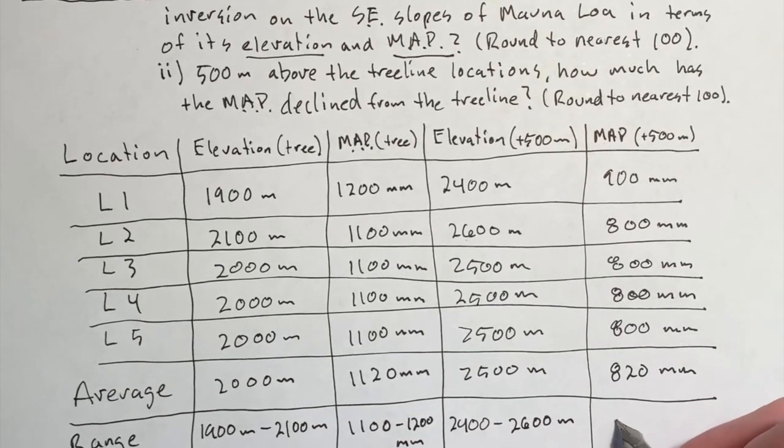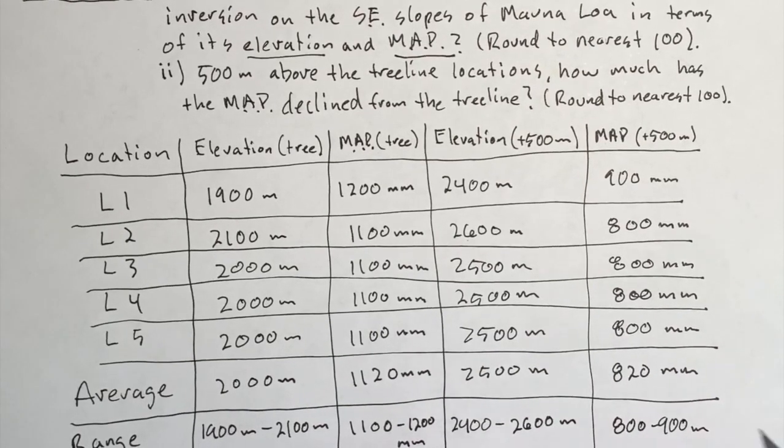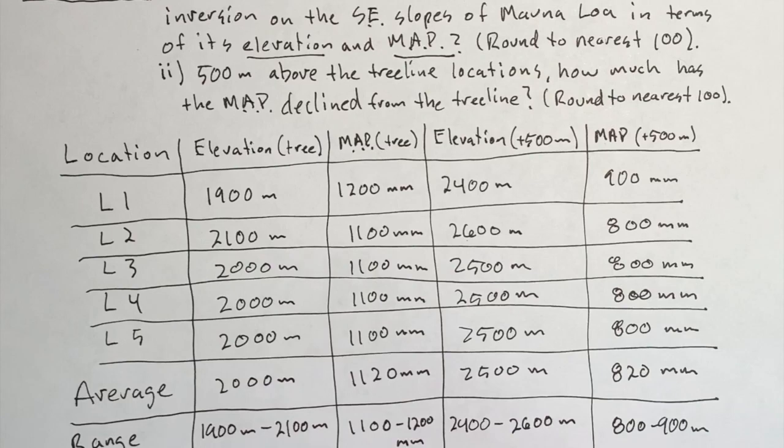And over here, between 800 and 900 millimeters. Awesome. Let's not forget to round these values off to the nearest 100. So down here, we're going to get 2000.